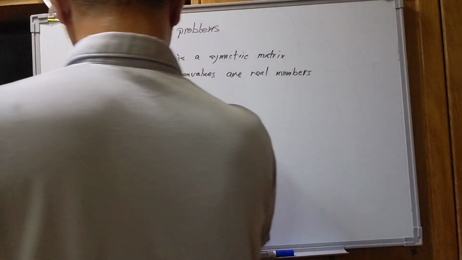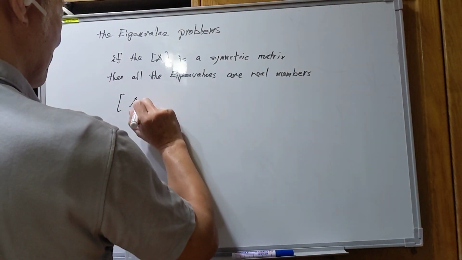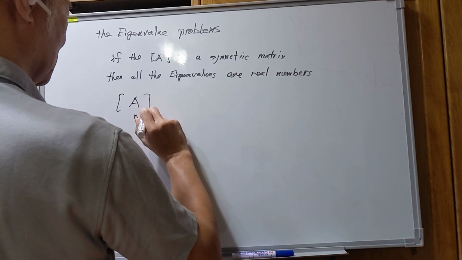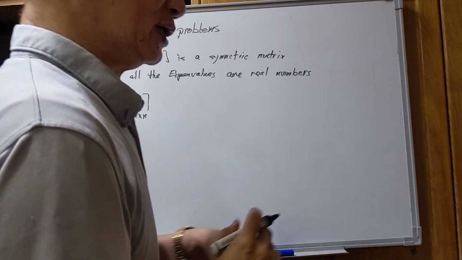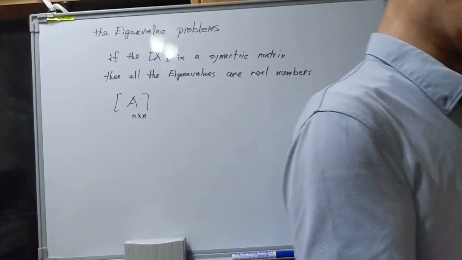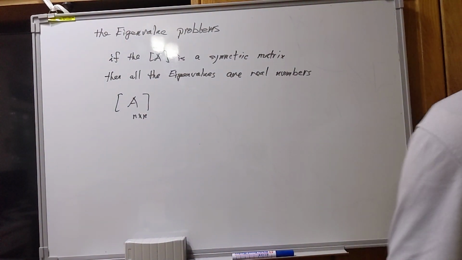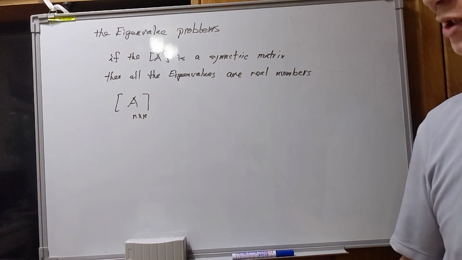If the A matrix is n times n, then we can get all the eigenvalues as real numbers.